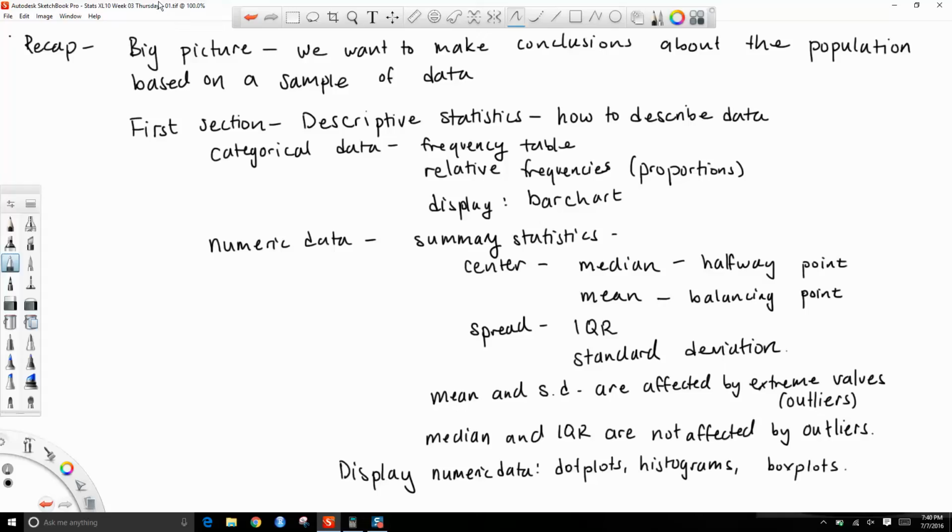If we talk about a distribution being skewed or symmetric or something like that, are we talking about numeric data or categorical data, or could it apply to both? Numerical. So if we're talking about data being skewed or symmetric, we have to be talking about numeric data. Okay, so shapes, describing the shape of a distribution, we're talking about numeric data.